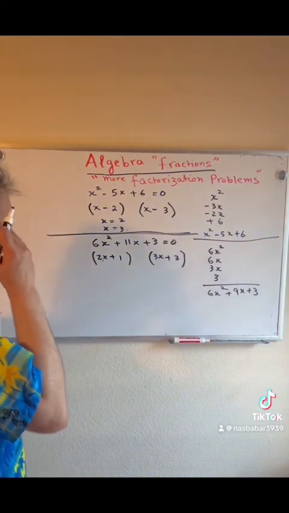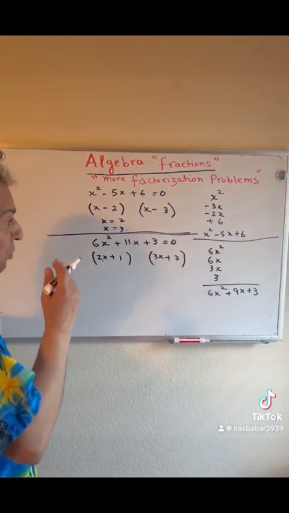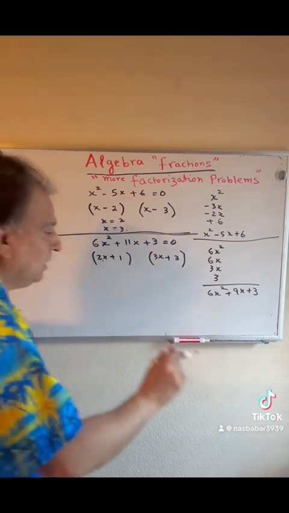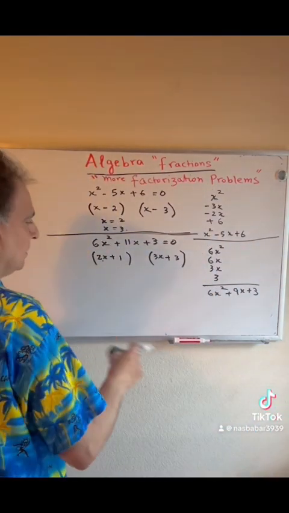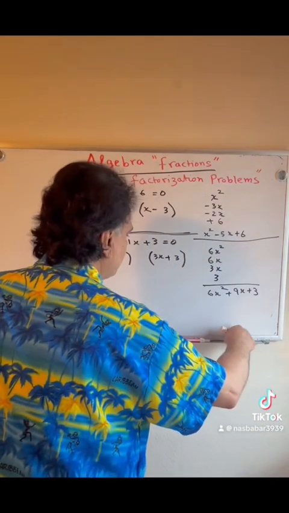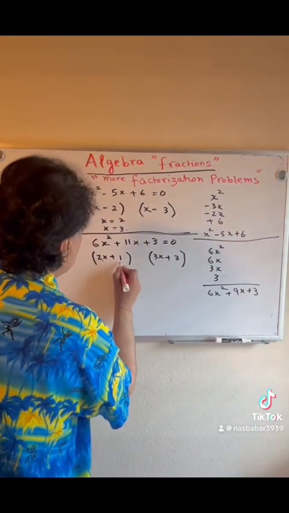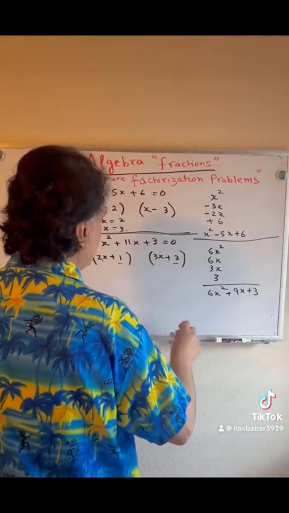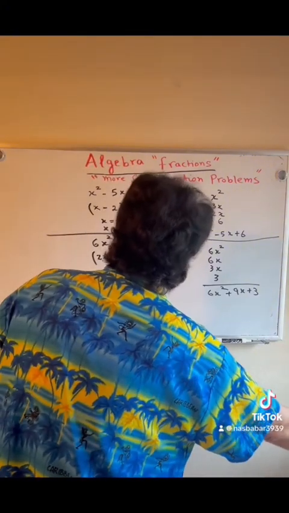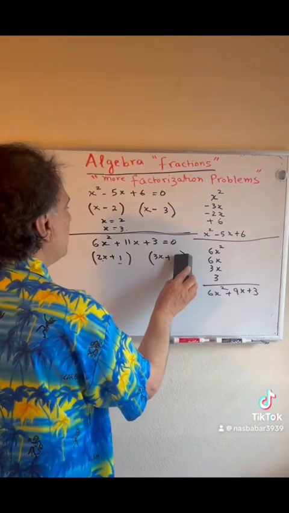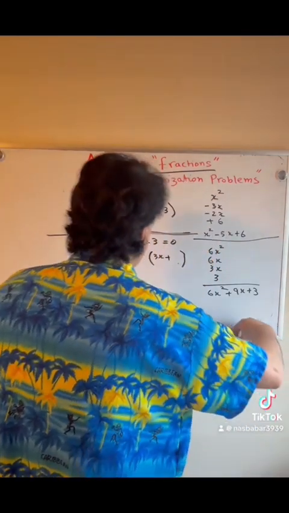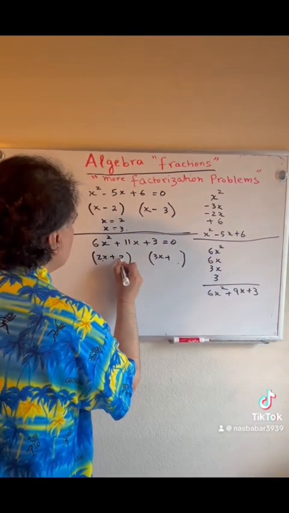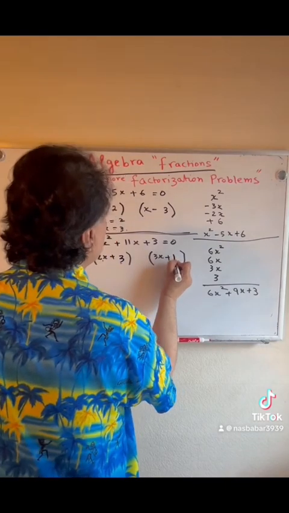So one way I can think to fix this is to replace these coefficients right here. This one and this one, replace them, okay? So what I'm going to do is I'm going to erase this from here, and I'm going to erase this from here, and I'm going to put 3 right here, and I'm going to put 1 right here.